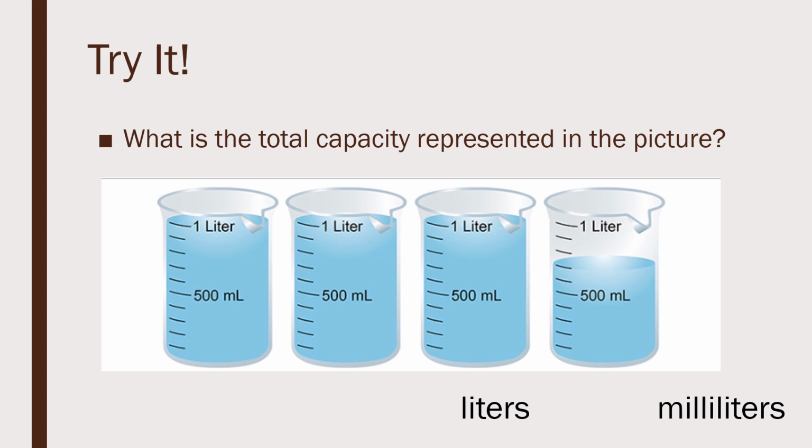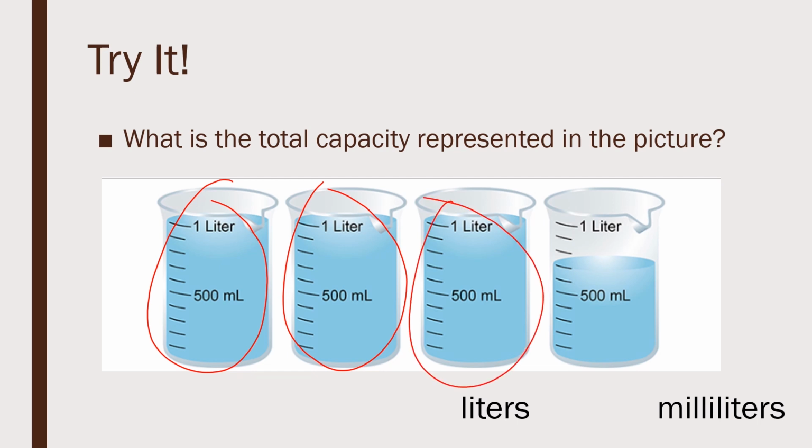I know that this is 1 whole liter, this is 1 whole liter, and this is 1 whole liter. We don't have a whole liter in this last container, but what we do have is 100 milliliters, 200, 300, 400, 500, 600, 700 milliliters.